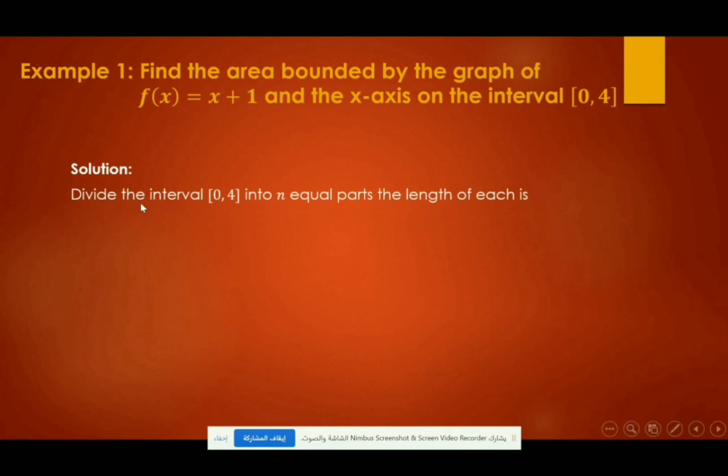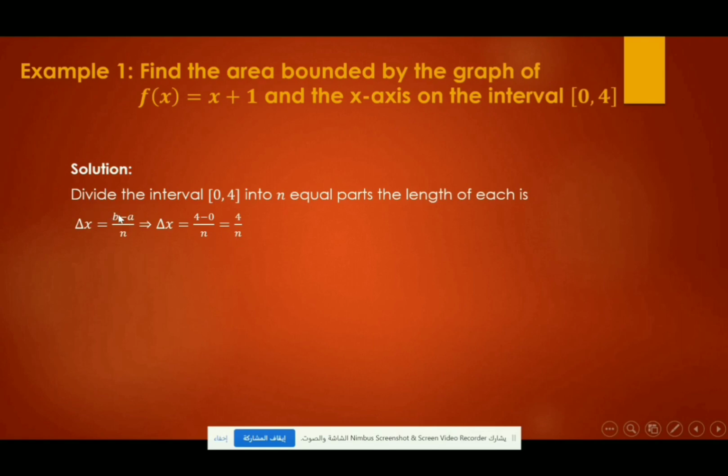You have to divide the interval from 0 to 4 into n equal parts. The length of each is delta x equals b minus a over n, where delta x will be equal to 4 minus 0 over n, which is 4 over n.